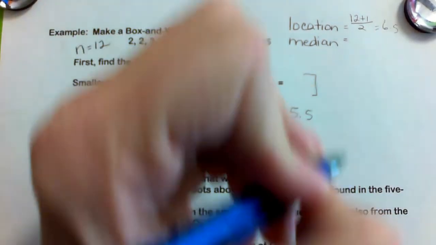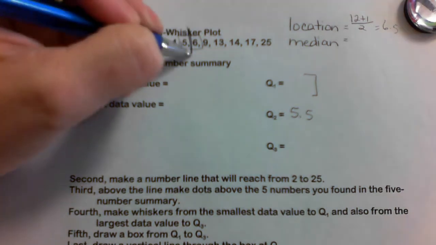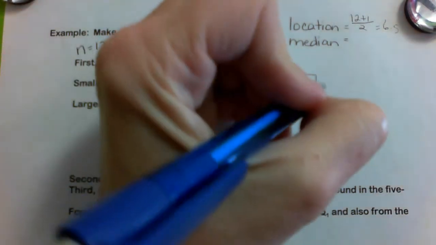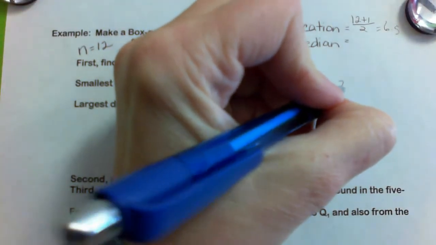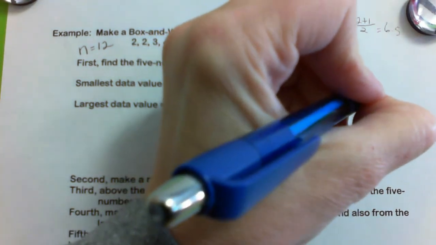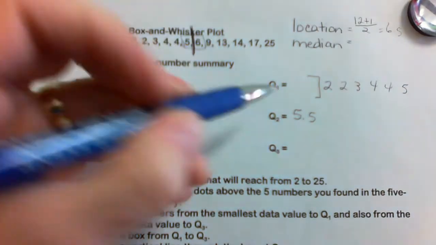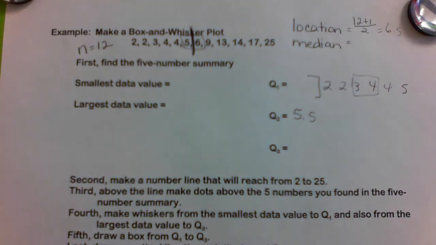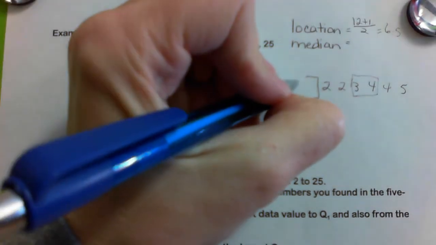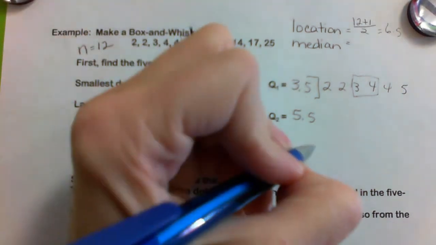Then quartile 1, so there's quartile 2. For quartile 1, I use 2, 2, 3, 4, 4, and the 5. So I have 6 numbers, and the median is found by taking 3 plus 4 divided by 2, which is 3.5.